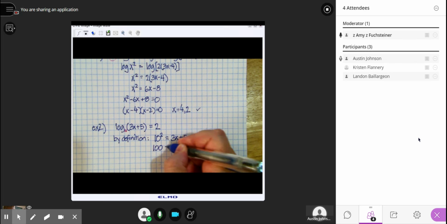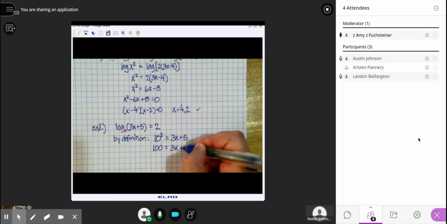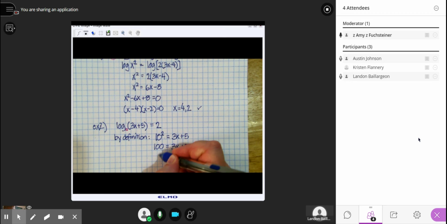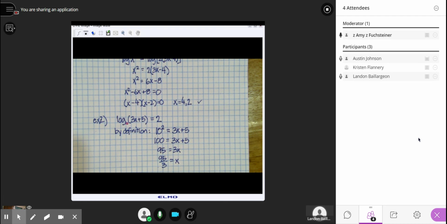Ten squared is 100. 3x plus 5 equals 100. Does this seem too easy? Yes and no. But it works.